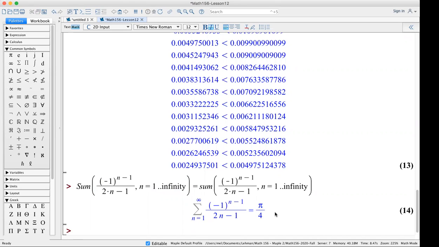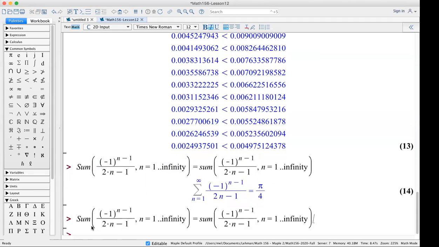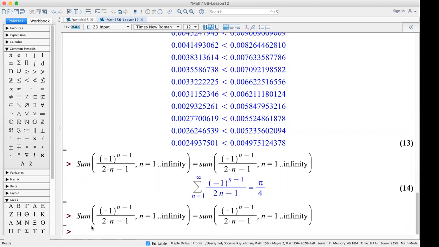Here's an example which might have been homework in Math 176. I don't know. Suppose we take the alternating series with terms 2 to the n times n factorial.